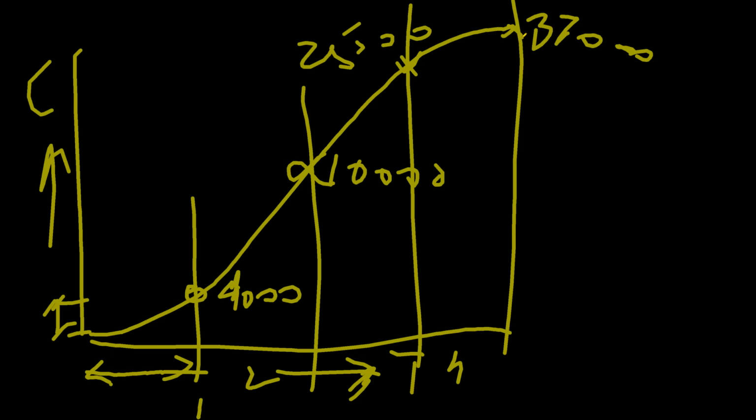Out of the 37,000 project, 25,000 worth of work should have been completed, and BAC is 37,000, meaning that after 4 months when the project completes, it should have completed all the work, and that is worth 37,000 rupees. So these are all the points of earned value.